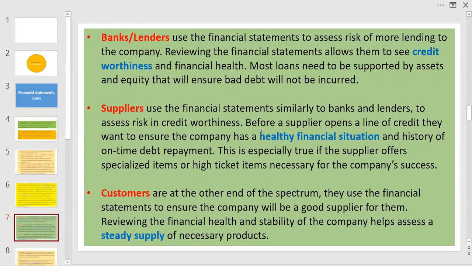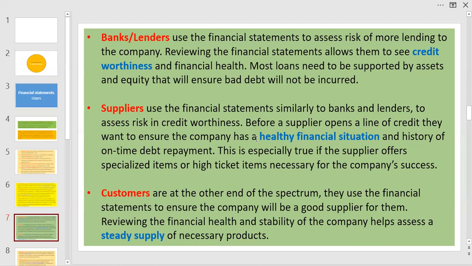Suppliers: before a supplier opens a line of credit, they want to ensure the company has a healthy financial situation, especially if the item in question is a specialized one, which has restricted usage outside this business.